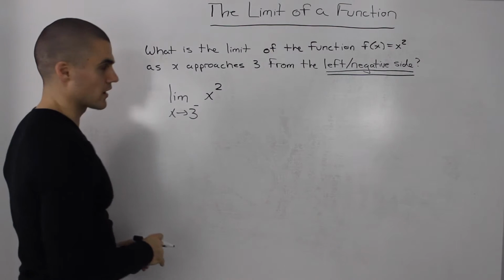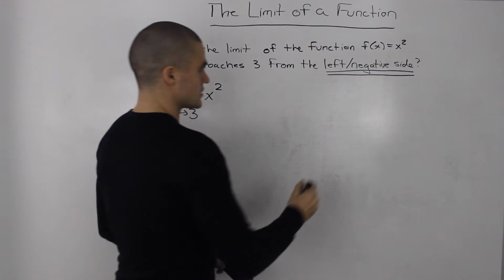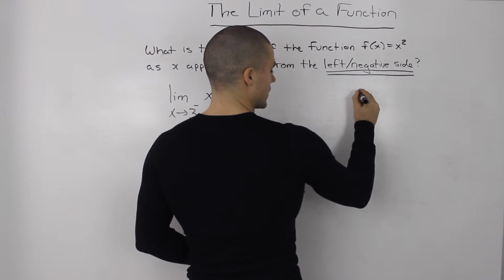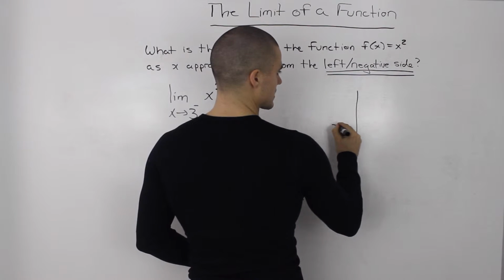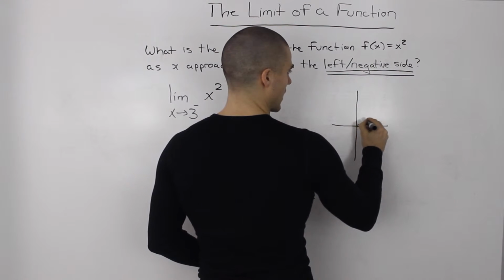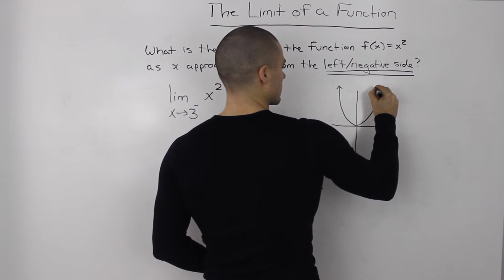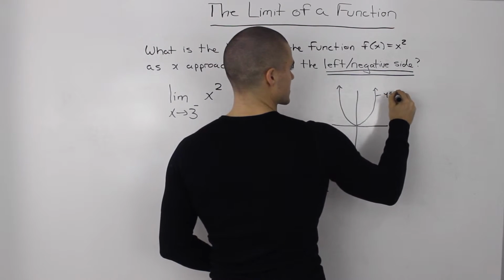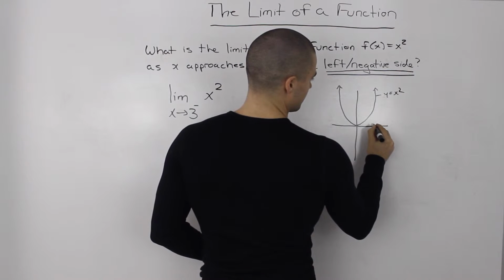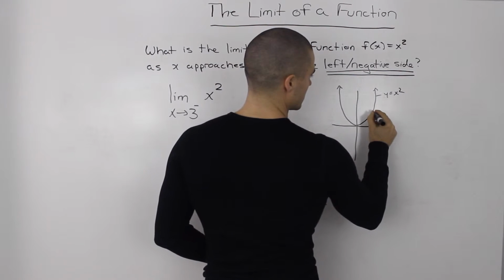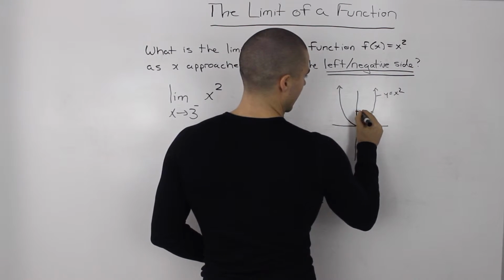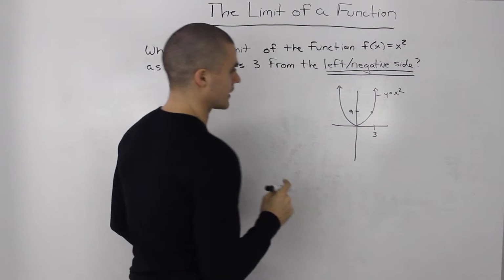of x squared. Okay, so let's redraw this parabola here. This is y equals x squared. Okay, and let's say this is 3, and at that point the y value is 9.